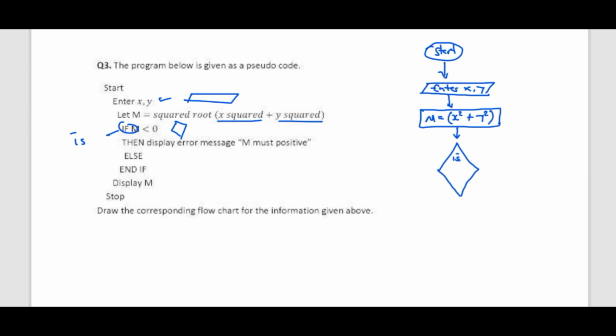So if we change it to is, so is M less than 0, and then we would say, so error message, so a parallelogram there.